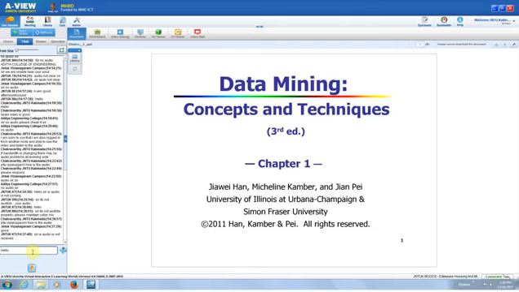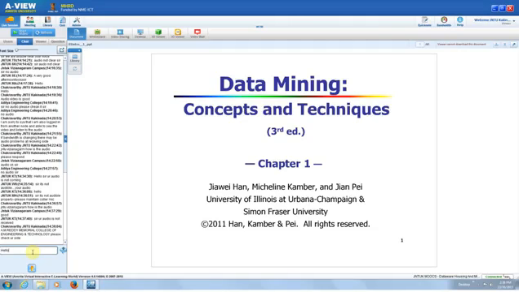Now, these are the evolutionary steps in data. When these evolutionary steps are going on, now we will come back to why the data mining concept has suddenly come into the minds of people.